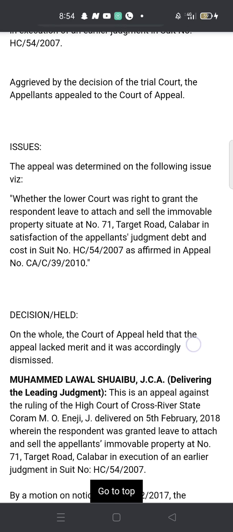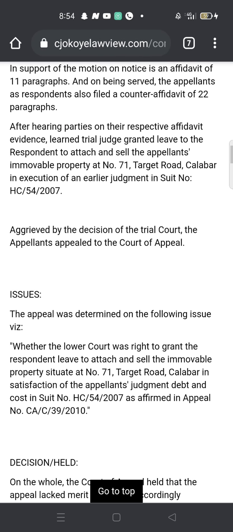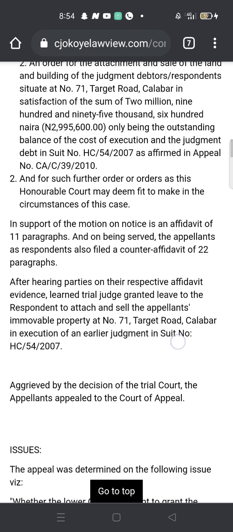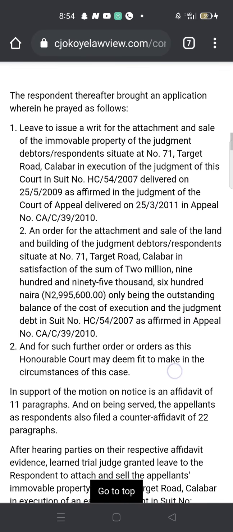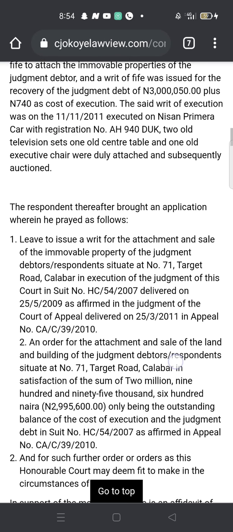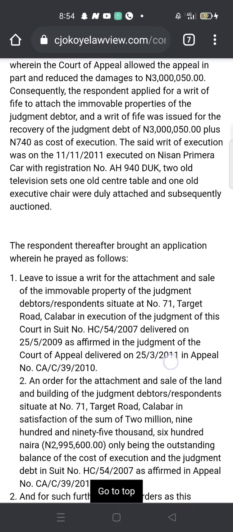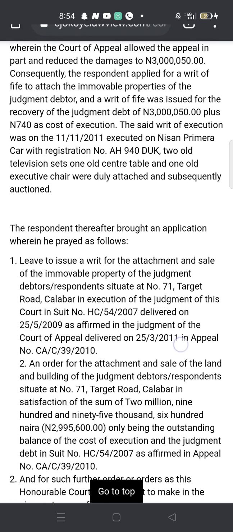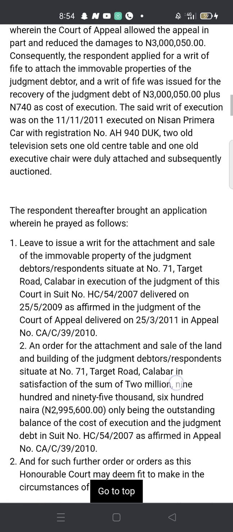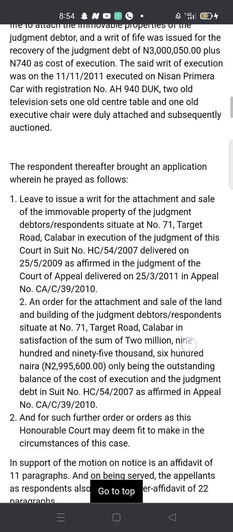Now, if you have read this, if you are bringing an application like this in future, you see how to couch the orders in your motion paper. Like here, first of all, you have to seek leave.